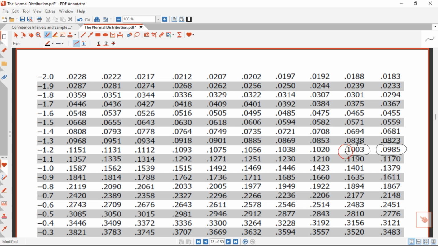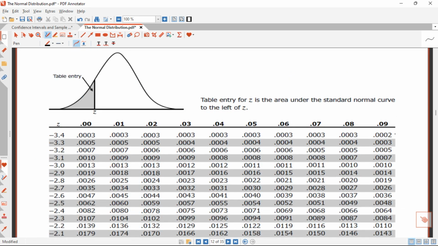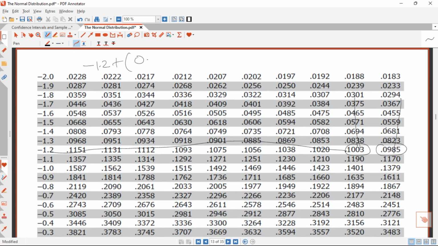And then since we learned from the normal distribution, we just trace it to the row section and trace it to the column section, and here it is negative 1.2 plus 0. You see, once you trace this one to the top, we are going to get 0.08 and 0.09. We are going to find the average of that. That's 0.08 plus 0.09 divided by 2, right? So when you do the necessary calculations, we are going to get our answer.